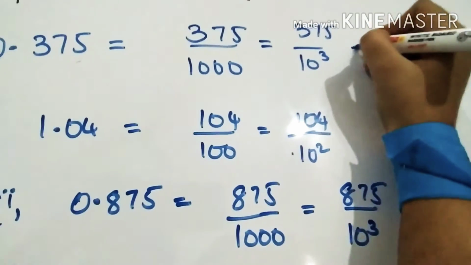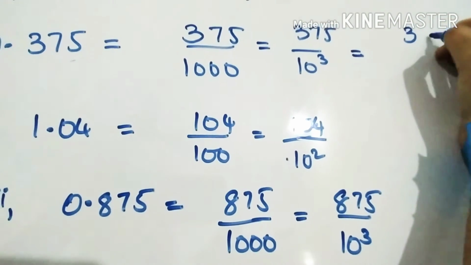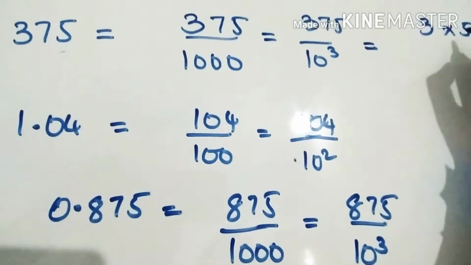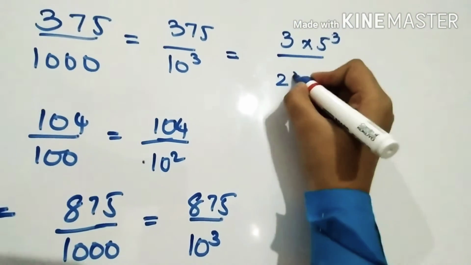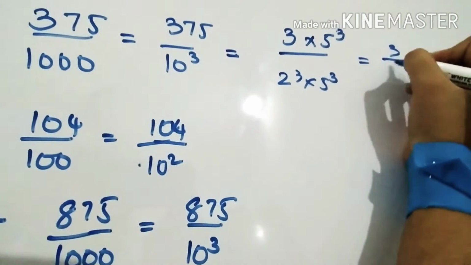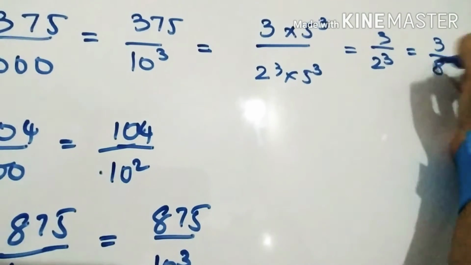So we can write it as 3 into 5 cube by 2 cube into 5 cube, which is equal to 3 by 2 cube, which is 3 by 8.